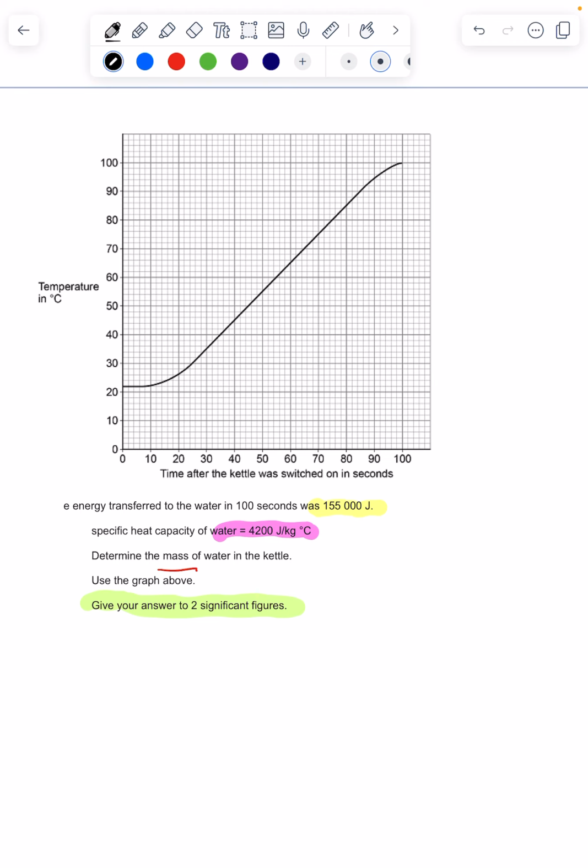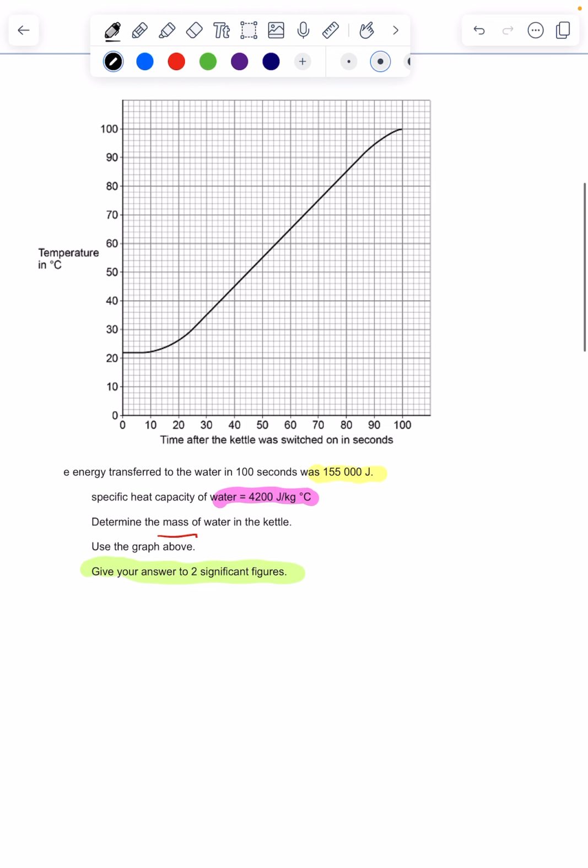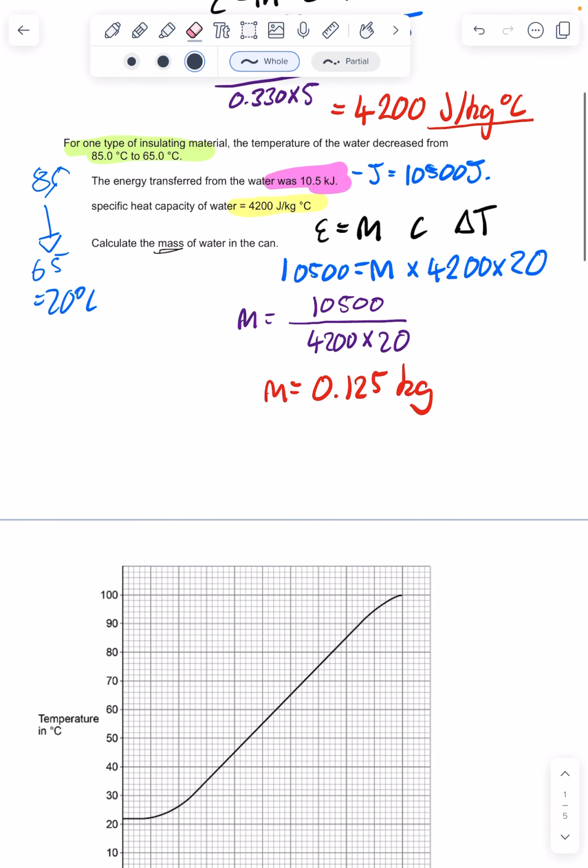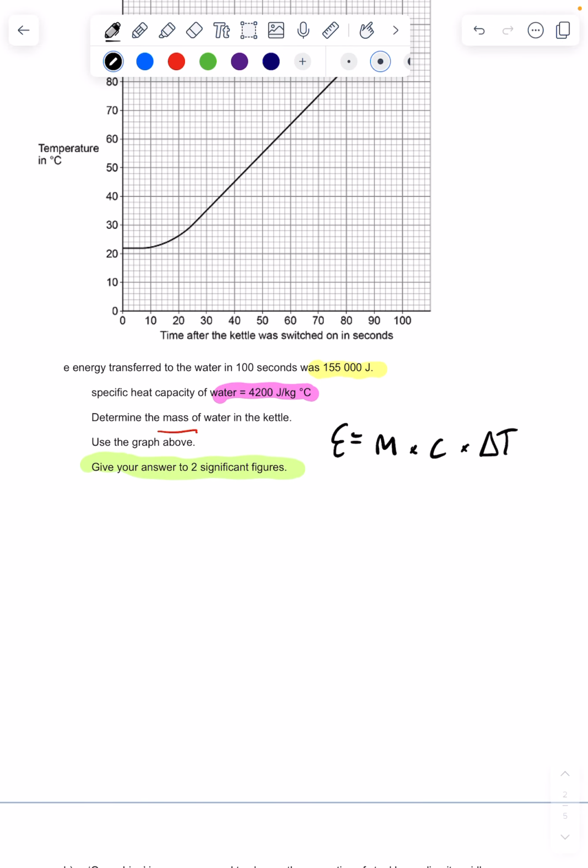Once again, we write out our equation: energy is equal to mass times the heat capacity times the temperature change. What are we given in this calculation? We use blue for inserting our values. For our energy we knew it was 155,000. We don't know the mass. We get given the heat capacity of 4,200. It says use the graph above.